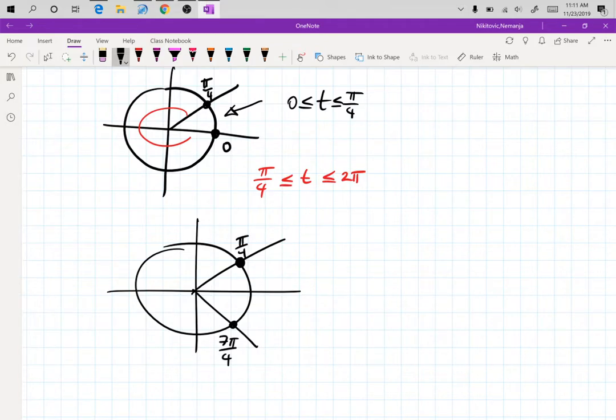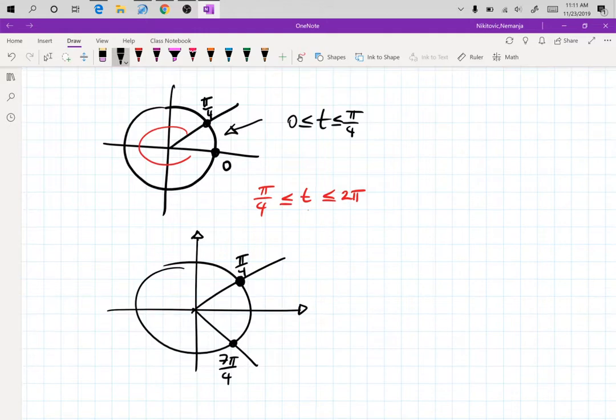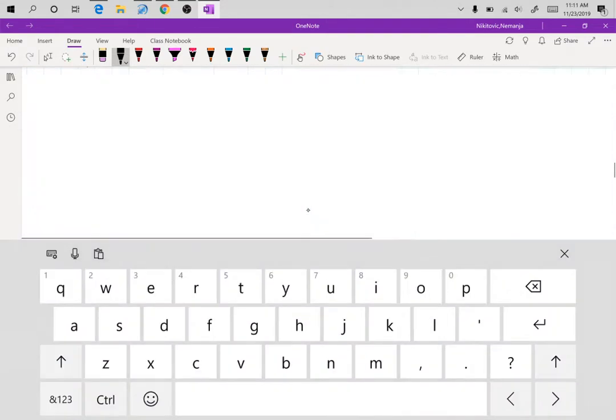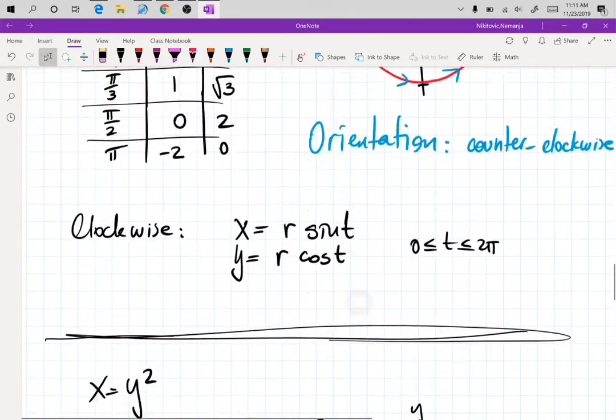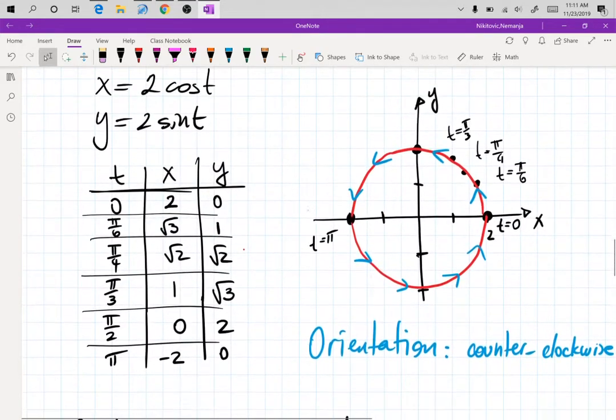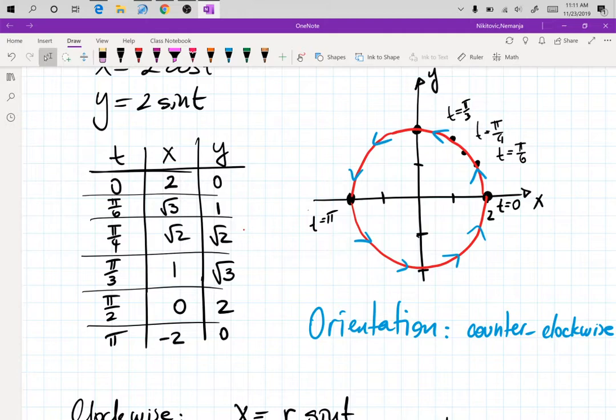It's like if we went back to the first example that you did for the circle. And instead of putting in pi over 6 or pi over 4 for t, if you started with 0 and put in pi over 2, or 11 pi over 12. Oh, 11 pi over 12 would be right here.